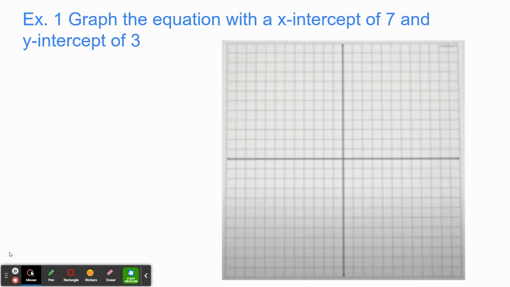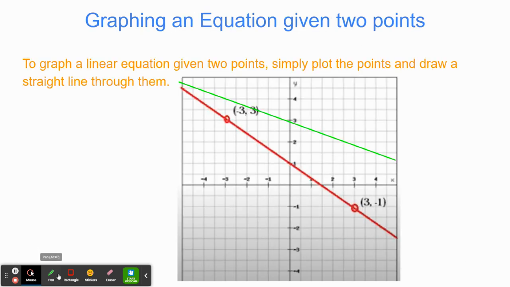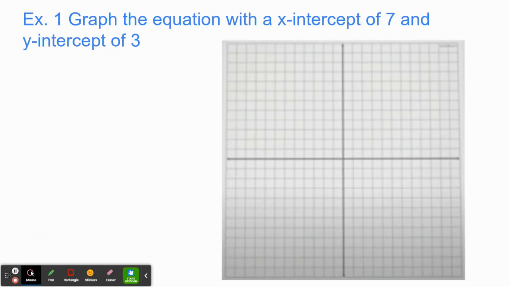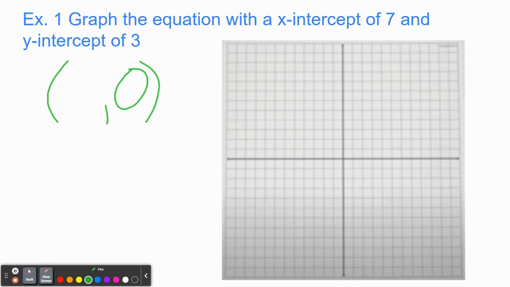Let's do another example here with an equation. Graph the equation with an x-intercept of 7 and a y-intercept of 3. All right, so an x-intercept means that when y is 0, x is 7. Remember, (x, y).